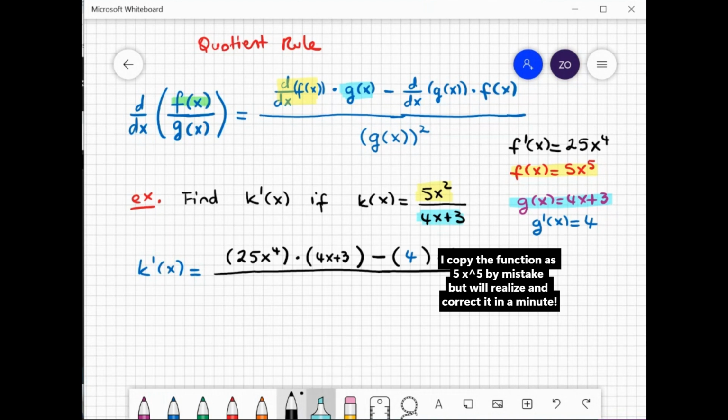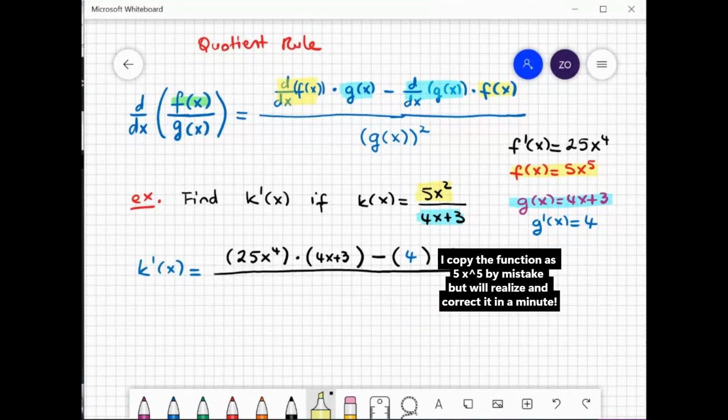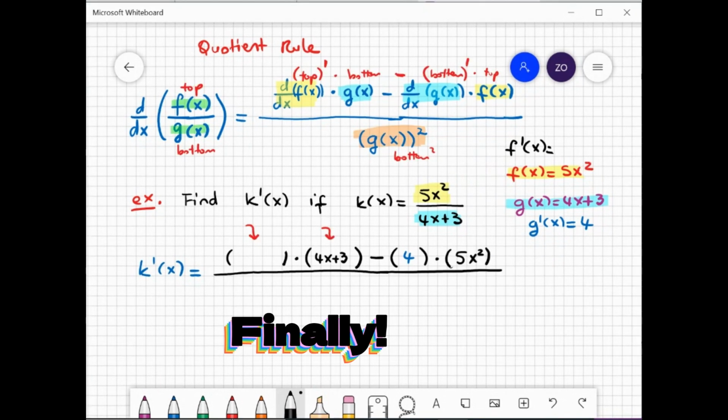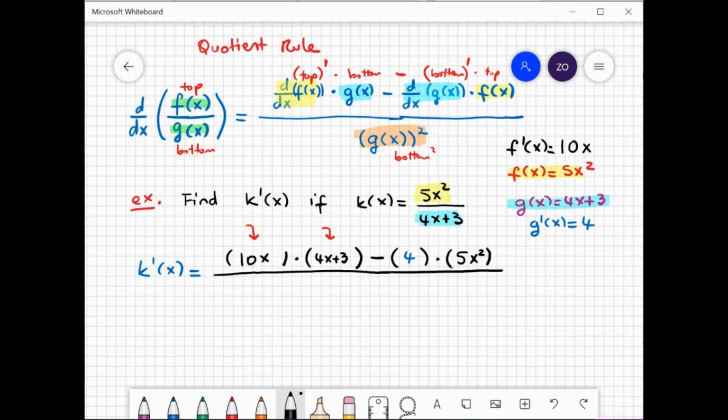times, look at the formula. So we had here the derivative of g, and in the formula, okay, we have the f function, 5x squared. So 5x squared, when you take the derivative, you will find 5 times 2, which is 10, x to the 1, 10x. Okay, so we put it here, 10x.